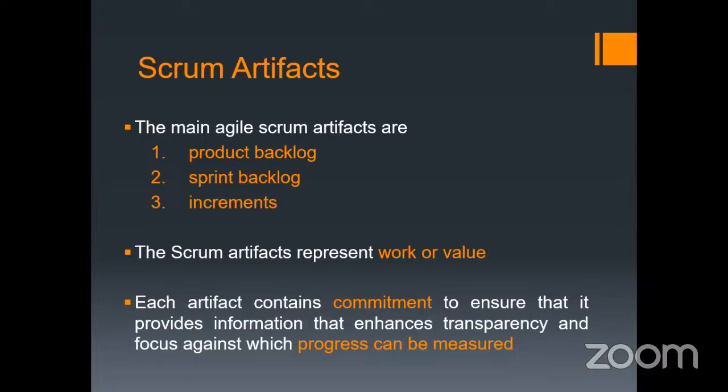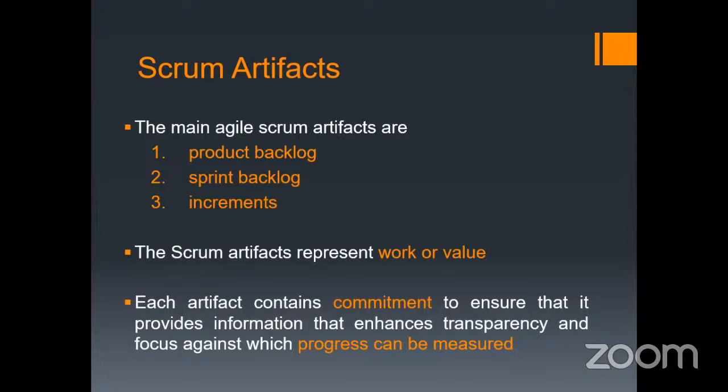Now here we say that for every artifact, there are 3 artifacts, and for every artifact there is a commitment to ensure that it provides the information and enhances the transparency and the focus against which progress can be measured.